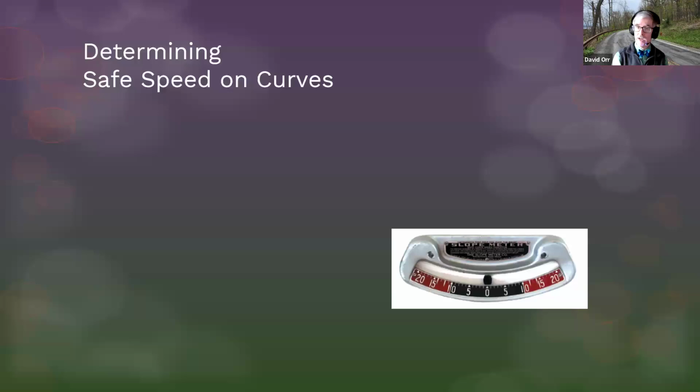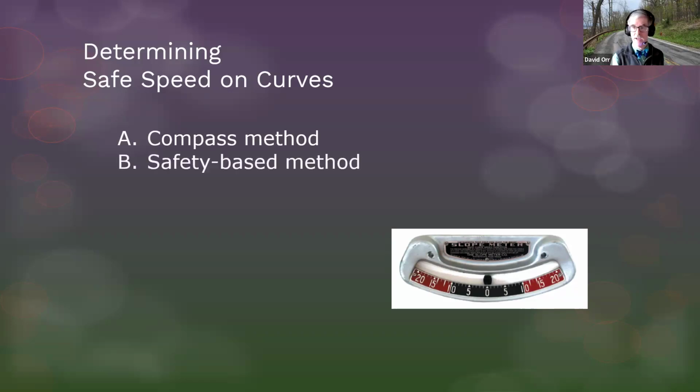There are more ways to determine the safe speed on a curve than just using a ball bank. There's something called the compass method, where you go out and check the change of angle, essentially. Okay? You can use a safety-based method, which has to do with looking at traffic crashes and accidents and something about the shape of the roadway. You could use an accelerometer. There are devices out there that replace the ball bank with an electronic version of it using an accelerometer.